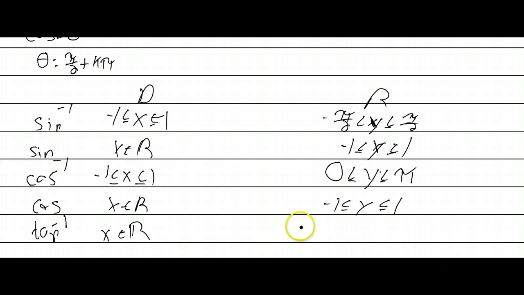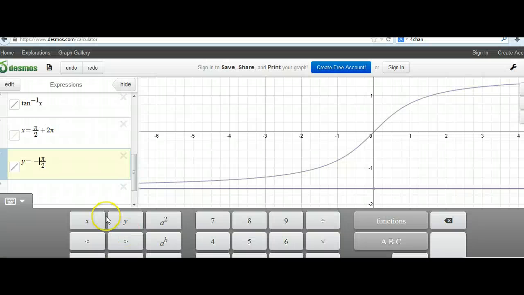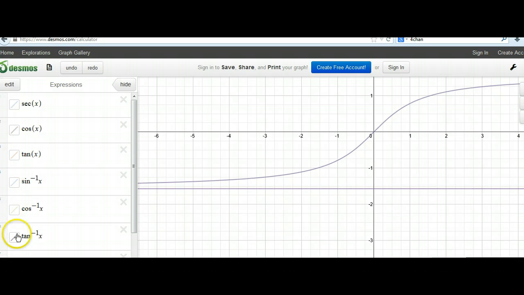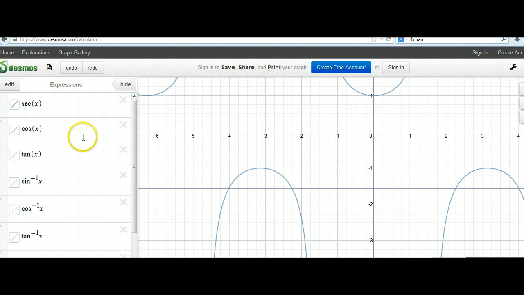So then our range is going to be negative pi over 2 to pi over 2. And the last one is f, secant of x. So let's graph secant of x.